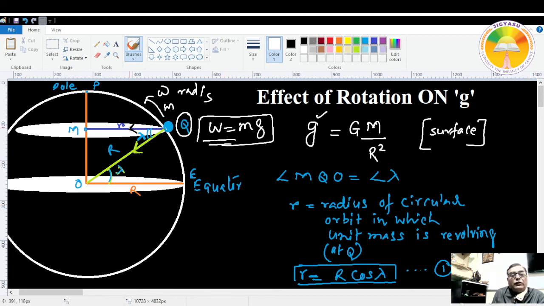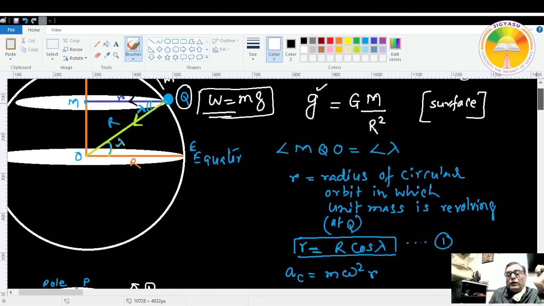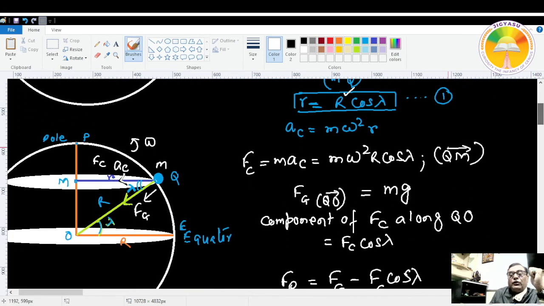So the first challenge is the new radius, and in physics we don't want any unknown quantity, so we have replaced the unknown quantity by a known quantity, the radius of the earth, in terms of angular position. And this is going to be the centripetal force required, and as I told, centripetal force is a demand. We need somebody to give it. So gravitational pull provides the required centripetal force.